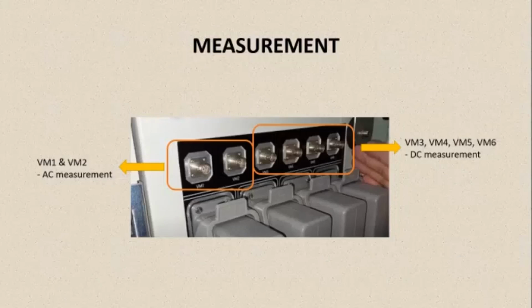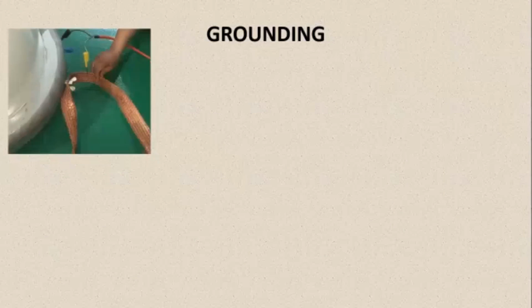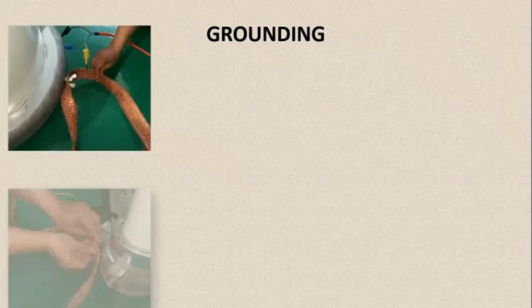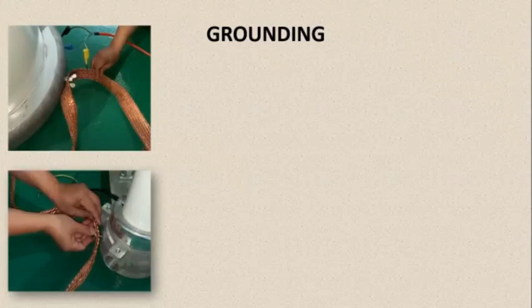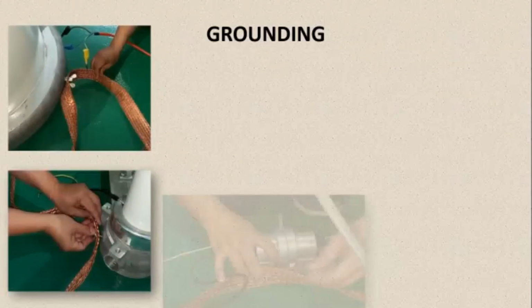Now we continue with the grounding part. There are some pictures of the experiment. The first one is the ground from the transformer, and the second one is the ground for the capacitor.